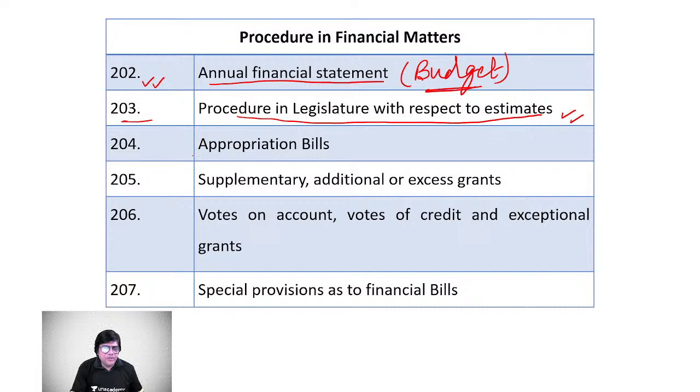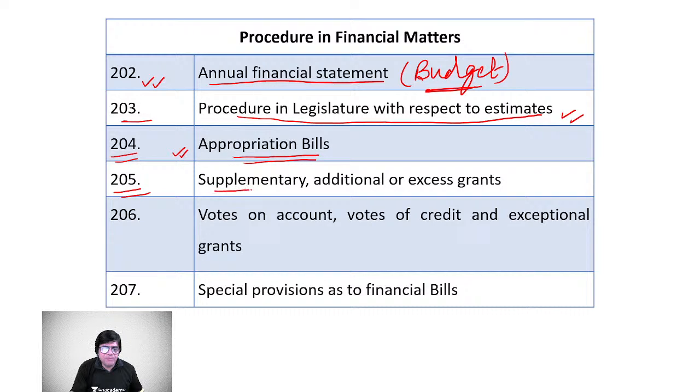Basically all these demands for grants are then consolidated into an appropriation bill, which has to be passed in order that the government is enabled to incur expenditure out of the consolidated fund of that particular state. So appropriation bill provisions are there in Article 204.